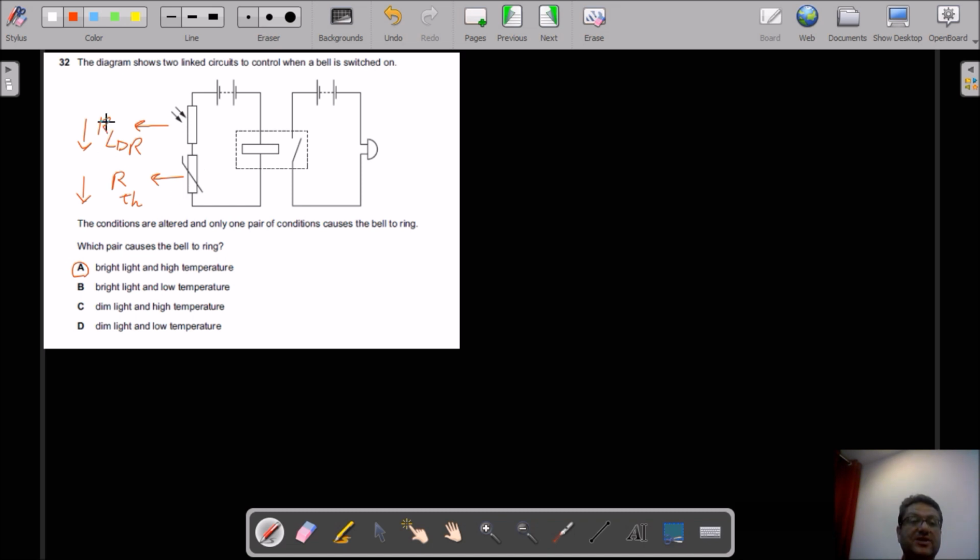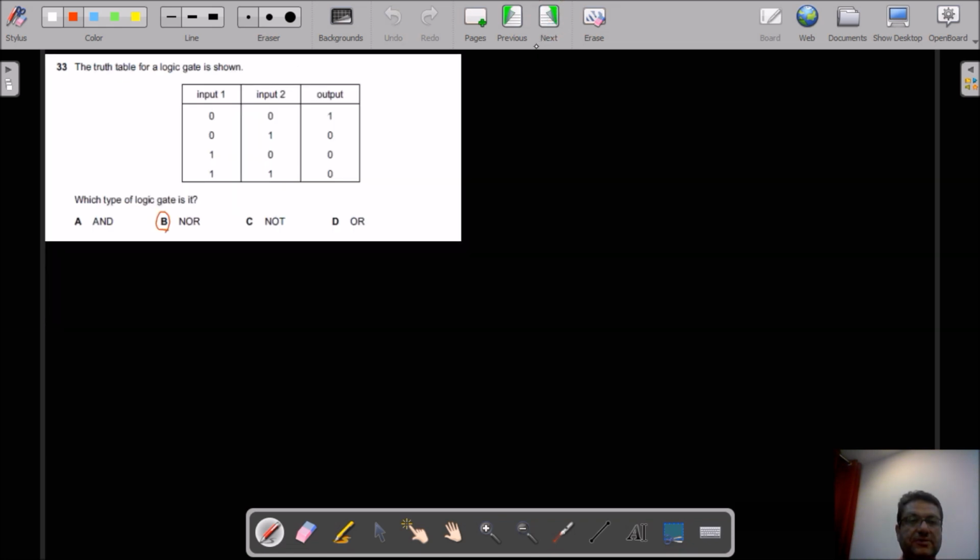That's why resistance of LDR and resistance of thermistor must be decreased. For that, we need to give more brightness to LDR. So C and D will be wrong. So bright light, and for thermistor, we need high temperature to decrease resistance. That's why A is right. Choice A is right.